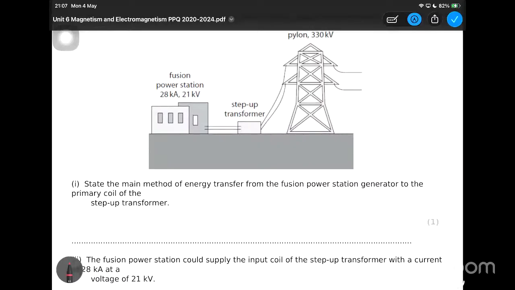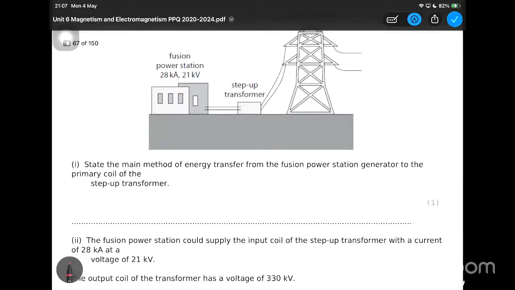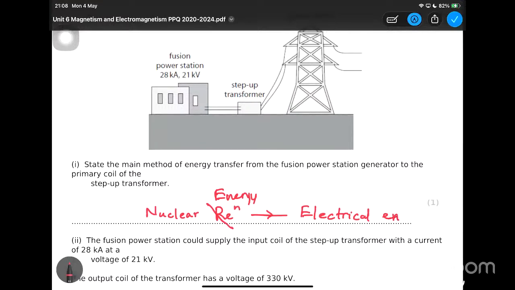They're asking for the energy transfer method. Here we are having nuclear reactions, then it is being converted to electrical energy. Nuclear energy is being converted to electrical energy.